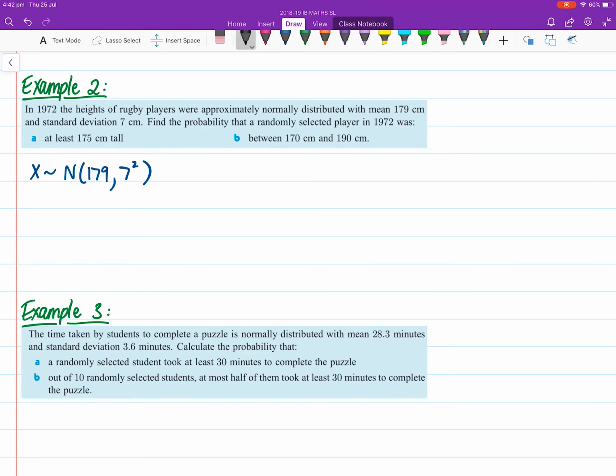Now let's do a little sketch. I would encourage you to do this every time because it just helps you visualize and understand what the numbers actually represent. So here, my mean is 179, standard deviation is 7. So if I go 179 plus 7, going 7 along this way, that would be 186.